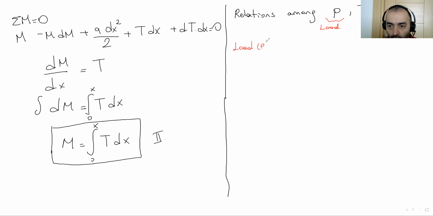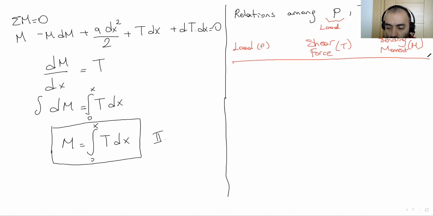Load, P. Shear force, which is T. And bending moment, which is M.